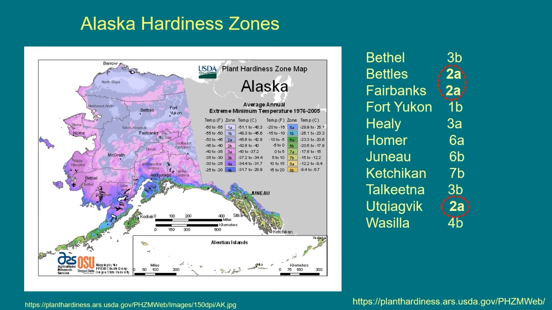Most Alaskans would find it difficult to understand how Bettles, Fairbanks, and Utqiagvik could all be in the same zone. Utqiagvik has no trees, whereas Fairbanks is well forested with a nice list of hardy non-native perennials. There's a lot more to plant hardiness than average minimum temperature.